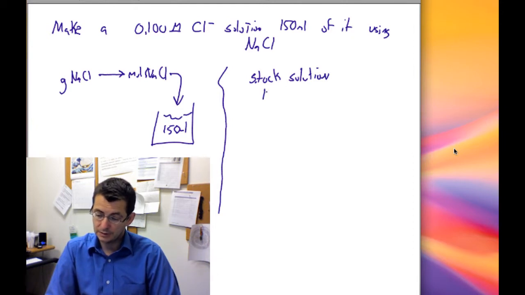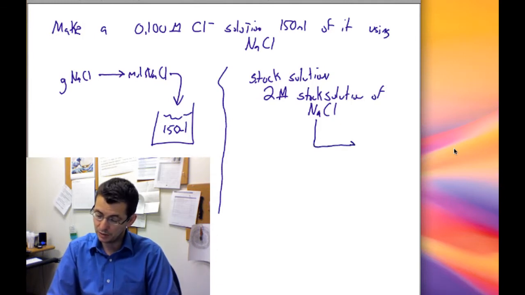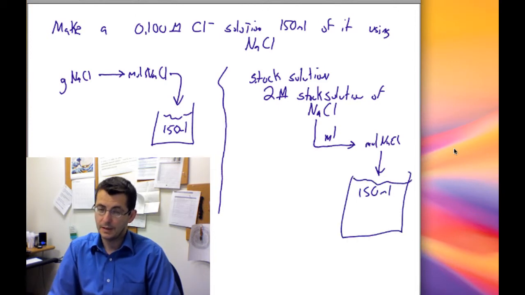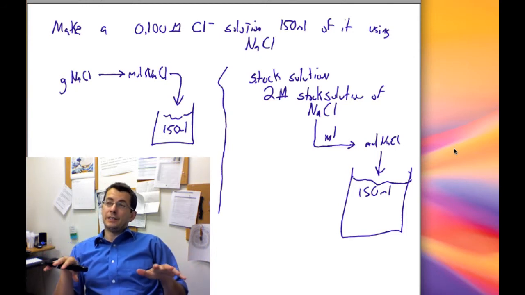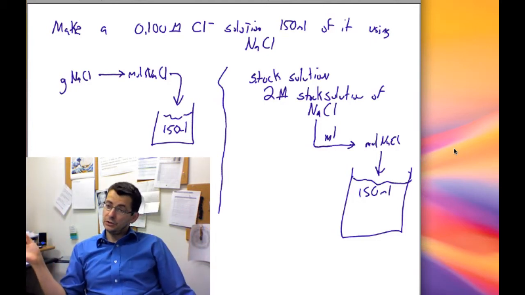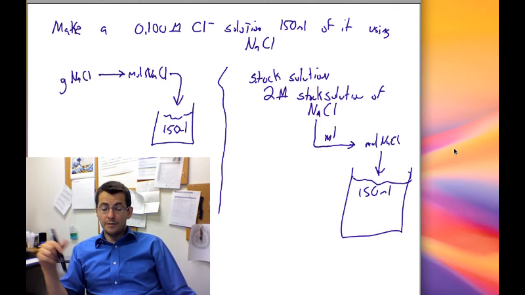Using a stock solution of known concentration, say a 2 molar stock solution, you could then measure out a certain number of mLs of that solution, which relates to the moles of NaCl, and then dilute up to 150 mLs of solution again. So this provides two ways of generating a solution, either going into the lab and weighing out a fixed quantity, or using a pre-made stock solution and diluting to the correct value. Depending on which situation you're working in, oftentimes it's more efficient.